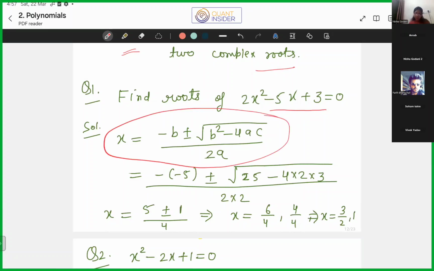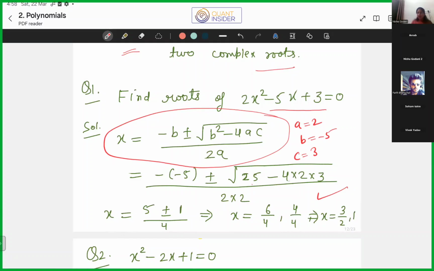In this question, A is 2, B is minus 5, and C is 3. In this formula, you have to substitute the values of A, B, and C. When you substitute these values, you have this step. And when you simplify the terms in the square root, you have what?